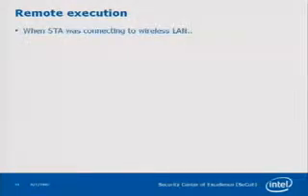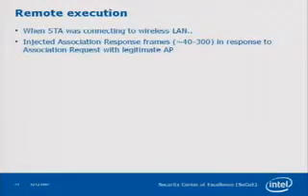The description of that exploit: when a station was connecting to a wireless LAN network, the exploit injected association response frames. I used 40 to 300 frames depending on different conditions, depending on the surrounding access points.